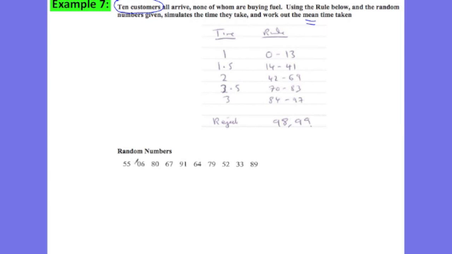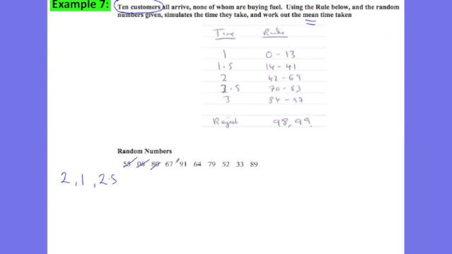So our first person has a random number of 55. Where do they fall in the rule? 55 is between 42 and 69, so our first customer has a time of 2. 06 is 1. 80 is in here, 2.5.